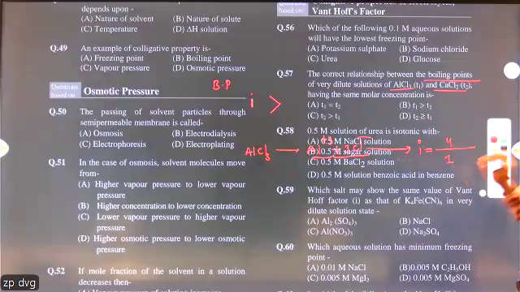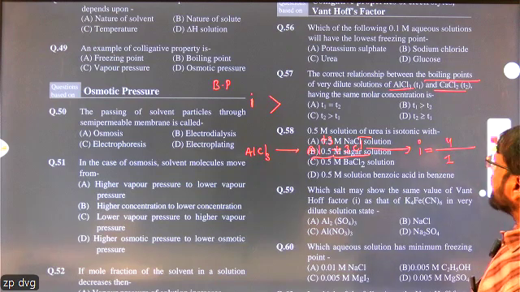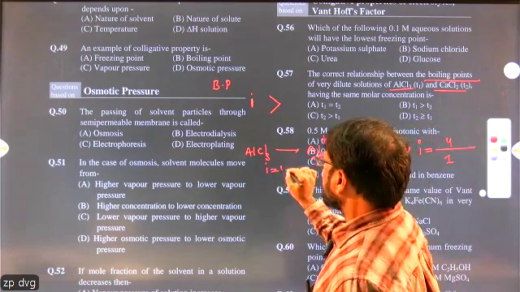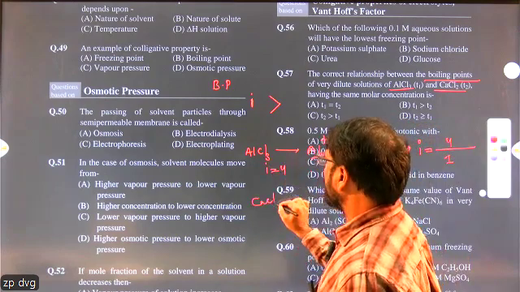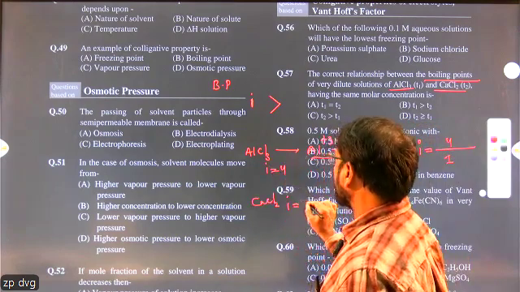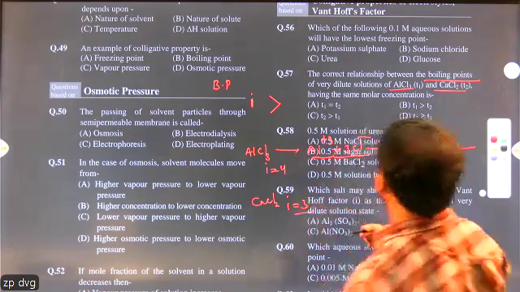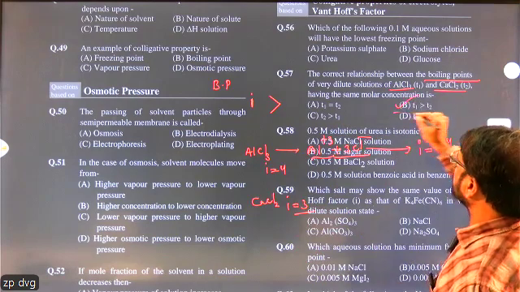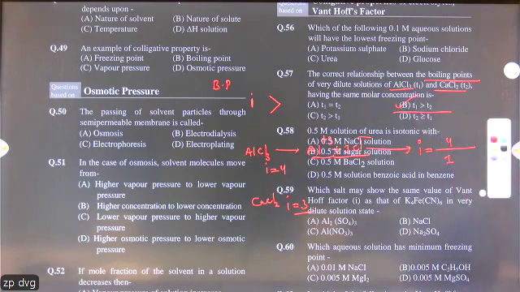So 4 by 1, we are getting 4 here. In case of AlCl3, i is equal to 4. Then in case of CaCl2, what is the i? i is equal to 3. AlCl3 has the highest, therefore its boiling point is high. So the correct answer for question 57 is option B.